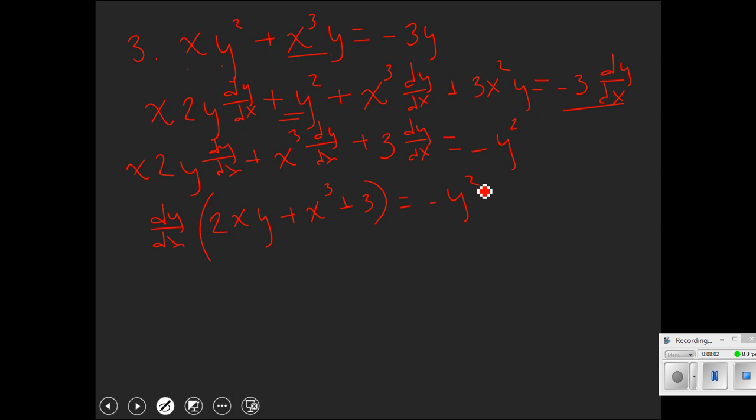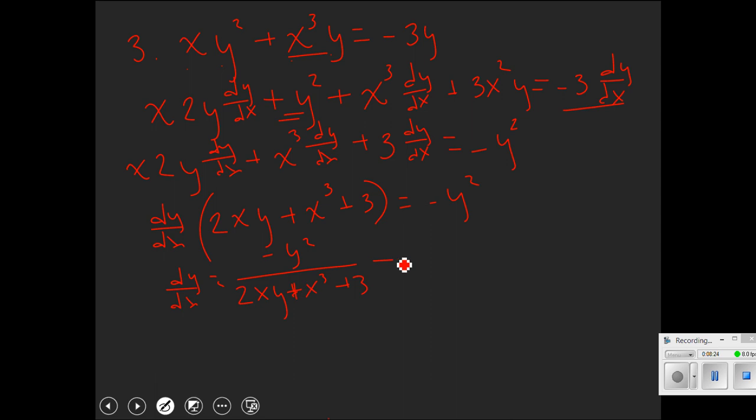And then your last step is divide both sides by the stuff in the parentheses. So we have dy/dx equals all this in the bottom, 2xy plus x cubed plus 3, and then it's negative y squared that was originally there in the numerator.